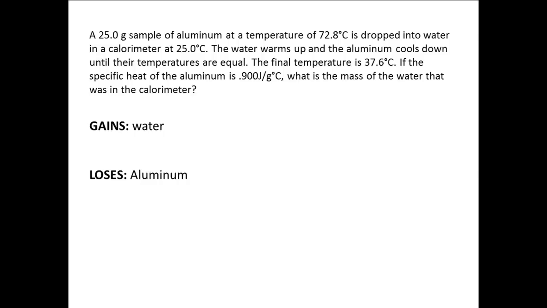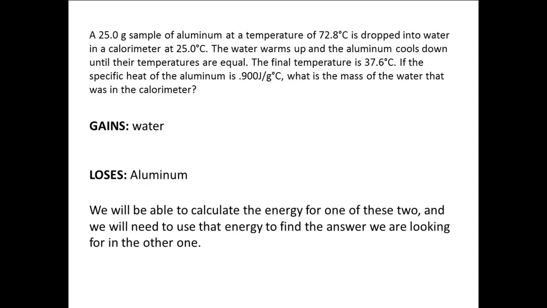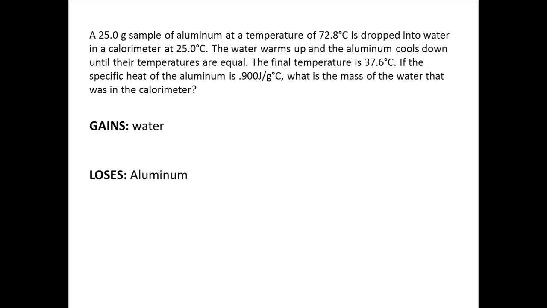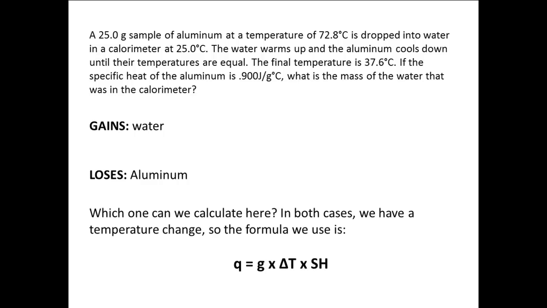We will be able to calculate the energy for one of these two, and we will need to use that energy to find the answer we are looking for in the other one. Which one can we calculate here? In both cases, we have a temperature change.